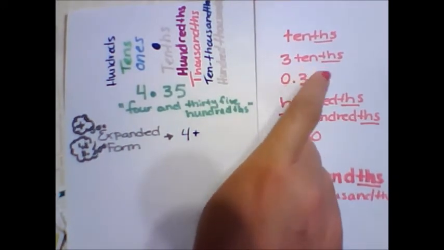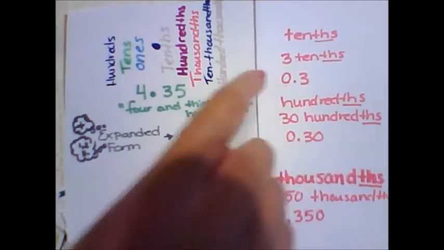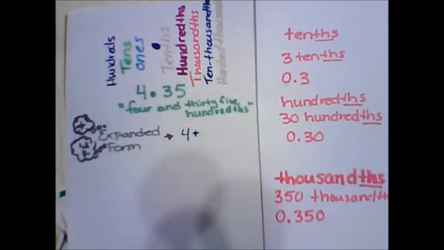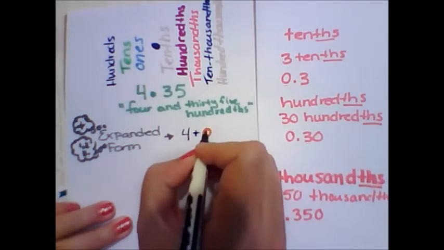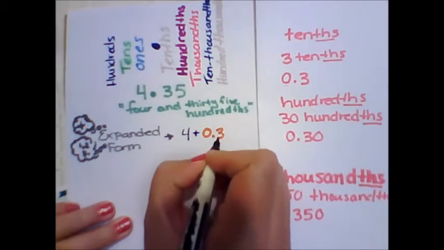We talked about 3 tenths, and we wrote 3 tenths. In this case, we have to have a 0 prior to the decimal place because we have no whole numbers to worry about here. So 0 is a number, and 0 is going to be appropriately sitting right beside that decimal point. So the way that we write 3 tenths is 0.3.